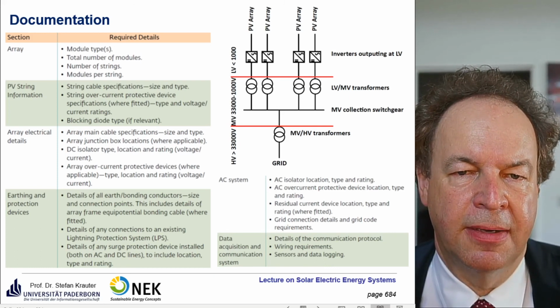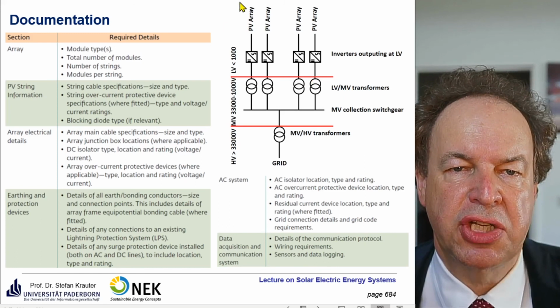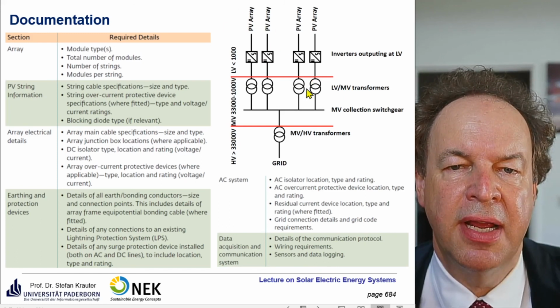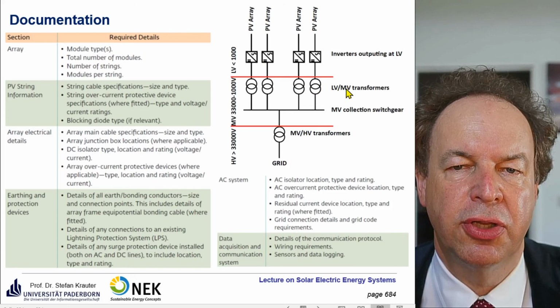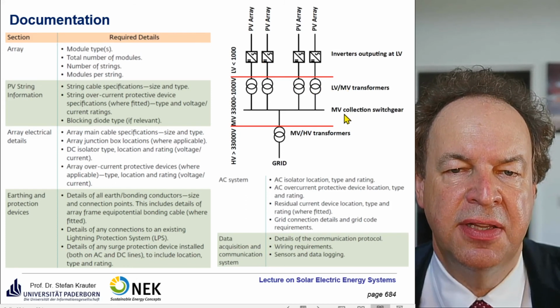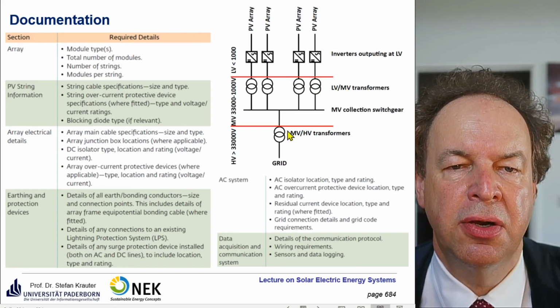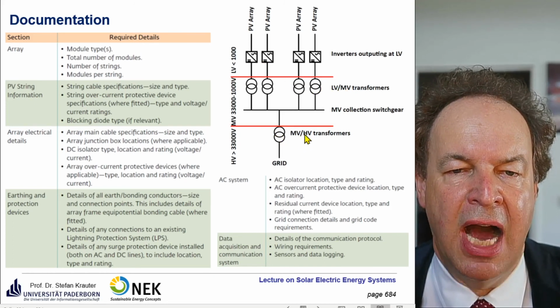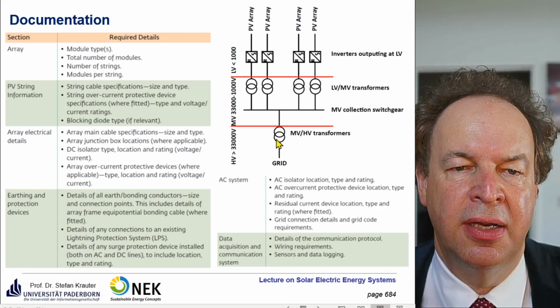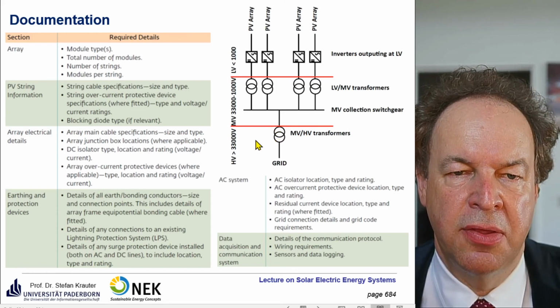And so here you see such a structure. Here you have the PV array, then the low voltage to mid voltage transformers. Then you have the mid voltage collection switchgear, and then you may go to the high voltage, and you need a high voltage transformer, and then here you are at the grid. These are the voltage levels.